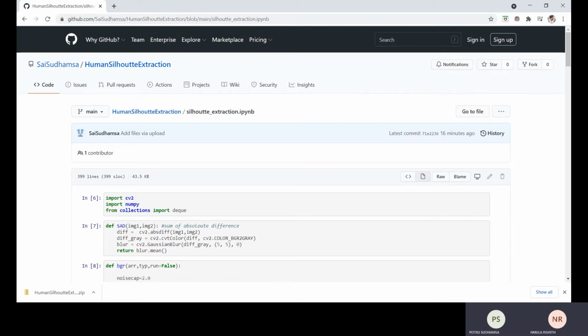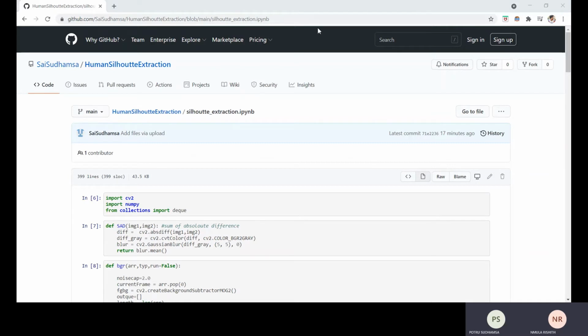If that mean is greater than 0, or we can put a noise cap over here, which is 2.0, then it means that between two different frames there is motion, and when motion is detected, only then we consider that frame in the output.